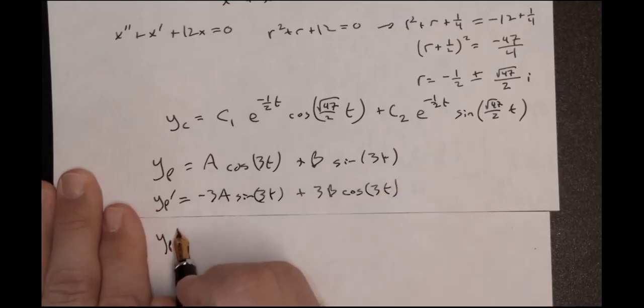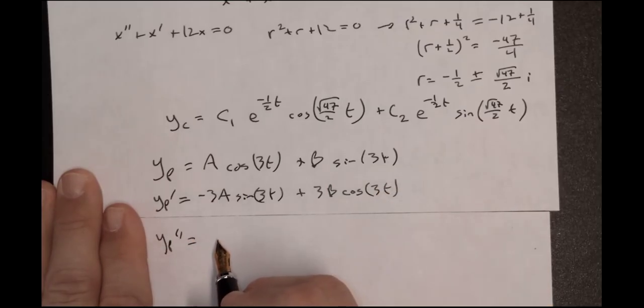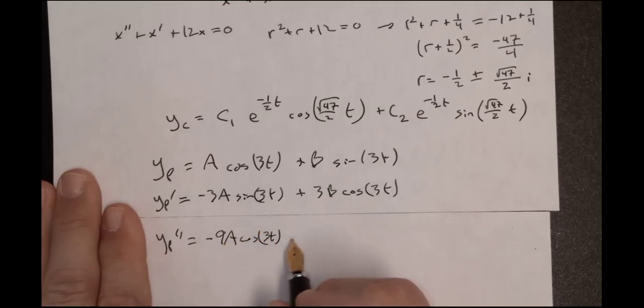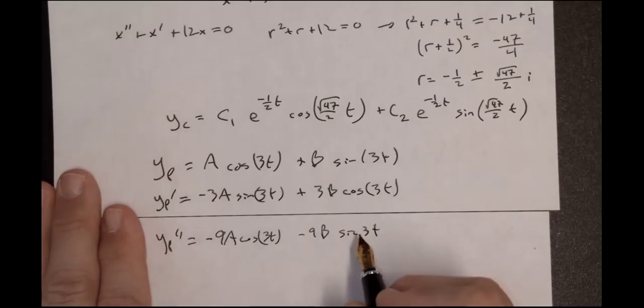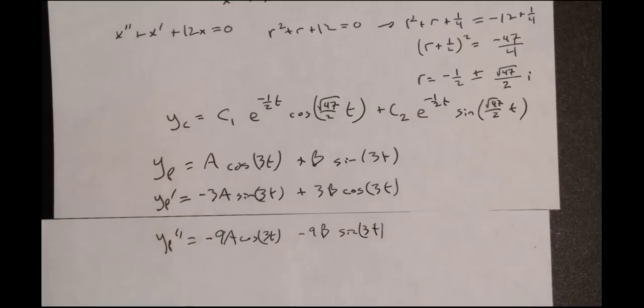And Yp double prime? Two, five, eight, seven. Great. Now that goes into the equation up at the top and is set equal to 20 cosine 3t.